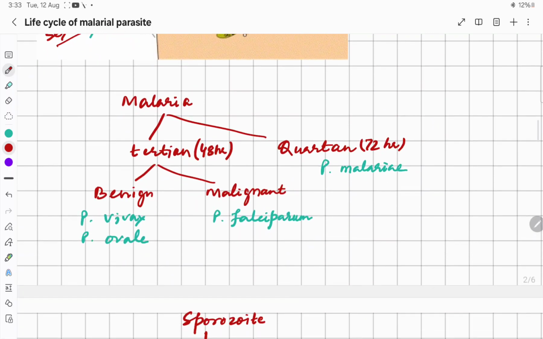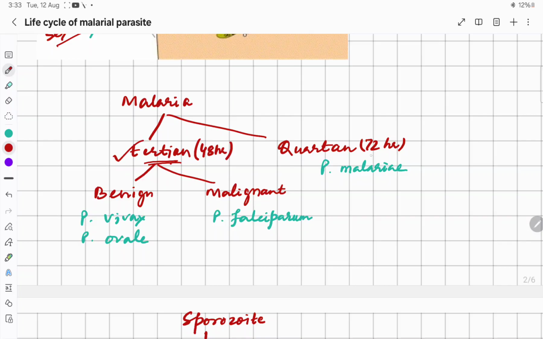So the malaria can be tertian malaria or quartan malaria. When the fever occurs every third day, that is at a gap of 48 hours between two onsets of fever, that is called tertian malaria.